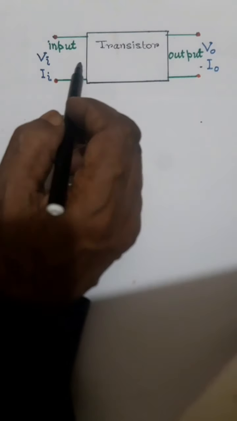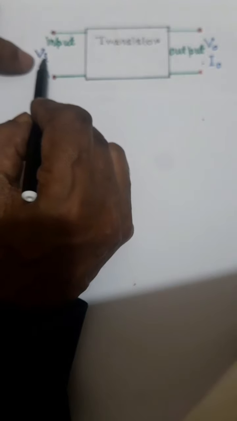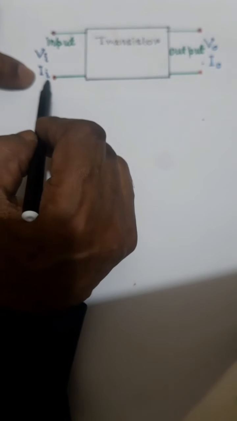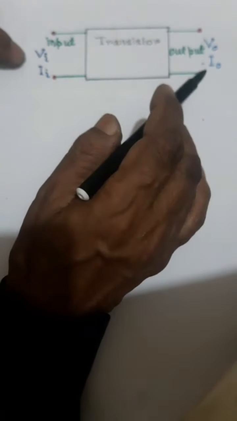There are four variables: input voltage Vi, input current Ii, output voltage Vo, and output current Io. These are DC voltages and DC currents.